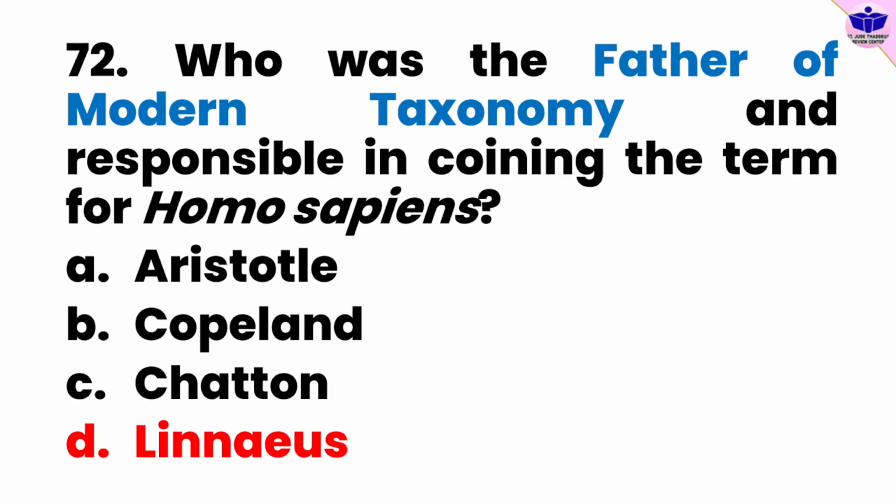Carolus Linnaeus or Carl von Linné is the father of modern taxonomy, and he's the one who coined the term Homo sapiens, the scientific name for a human being. Aristotle, on the other hand, is the father of biology. Copeland is one of the scientists before who proposed kingdom systems. Chatton was the one who distinguished between eukaryotes and prokaryotes.